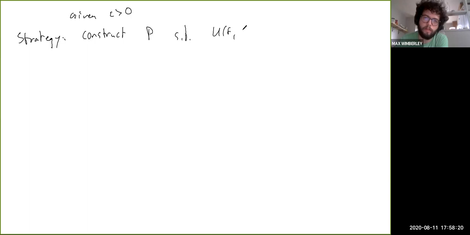So the strategy is to construct P such that, given epsilon greater than 0, U of FP minus L of FP is less than epsilon, right?